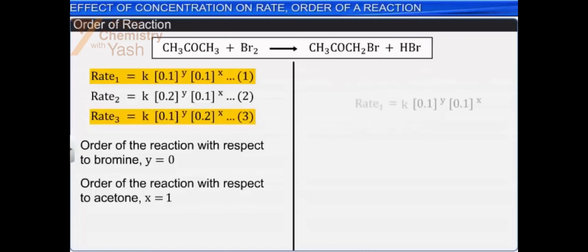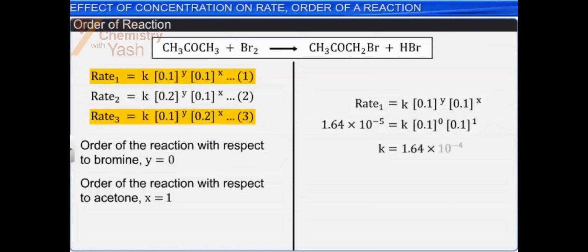We can calculate the value of K by substituting Y and X in any one of the three equations as shown. Therefore, we get the value of K as 1.64 multiplied by 10 raised to the power of -4 per second.